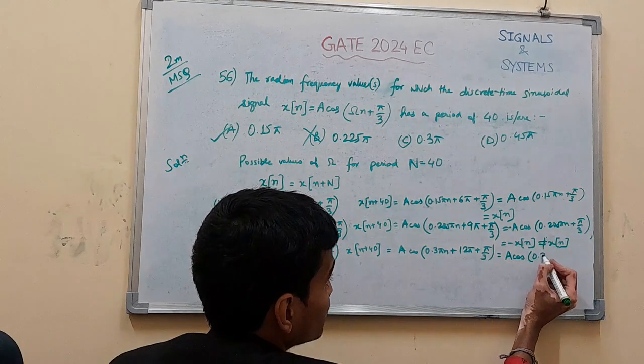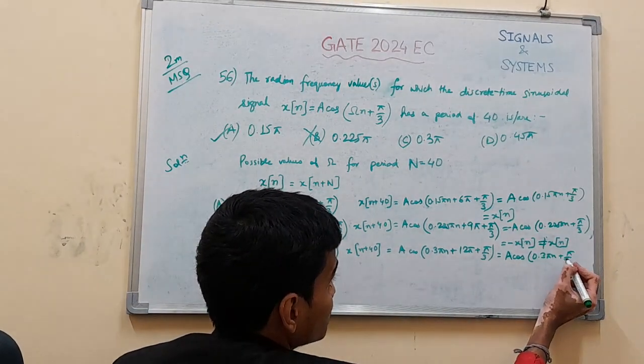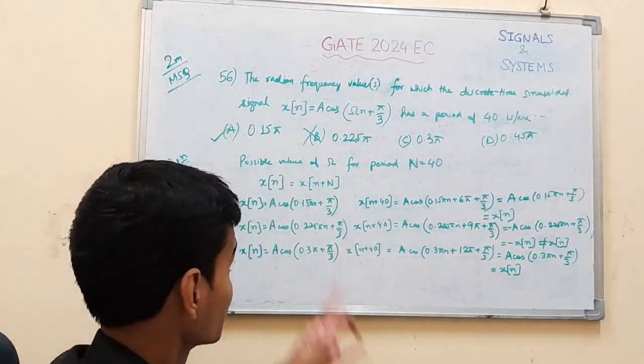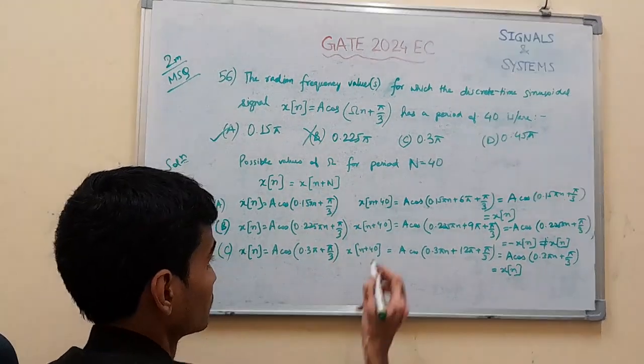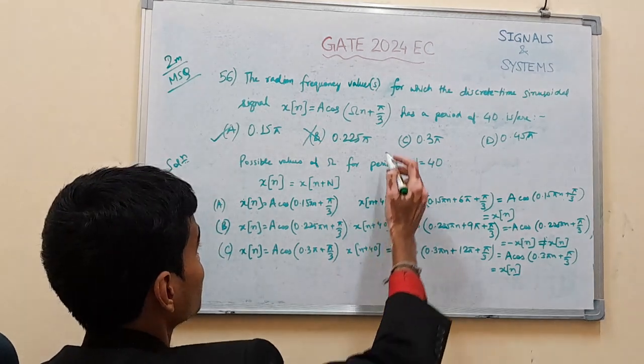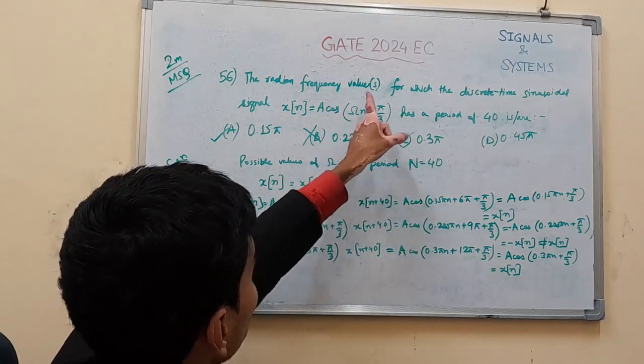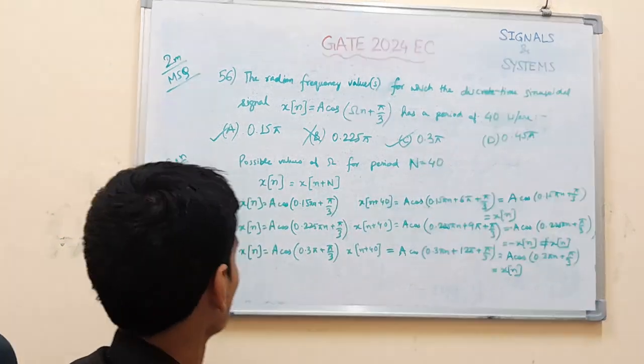So we get A cos of 0.3 pi n plus pi by 3, which is basically x of n. So it satisfies the definition of period. So 0.3 pi is also a possible radian frequency value for which the period of x of n is 40.